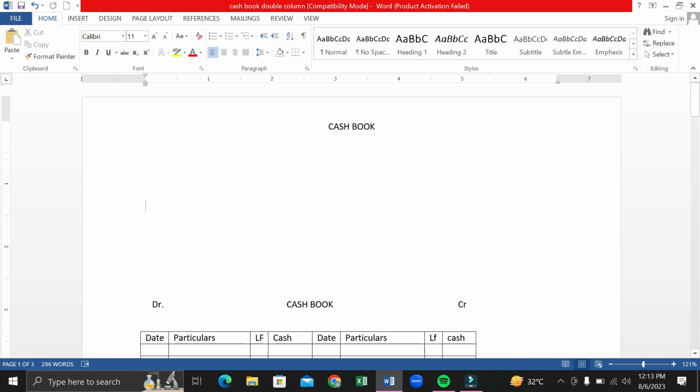सो बेटे आज हम करेंगे प्रिपरेशन ऑफ अ कैश बुक. Cash book is a part of your special purpose book, and cash book is broadly divided into two categories.